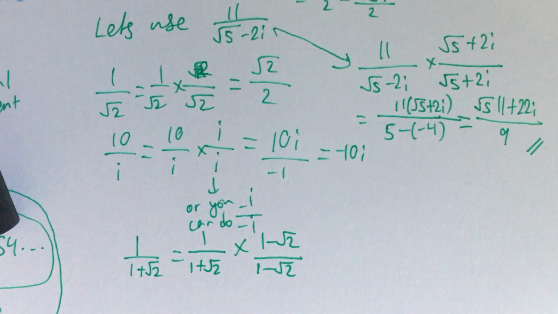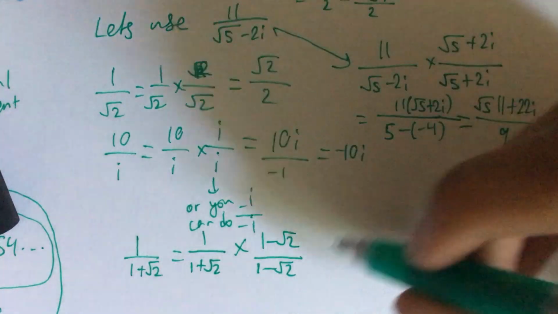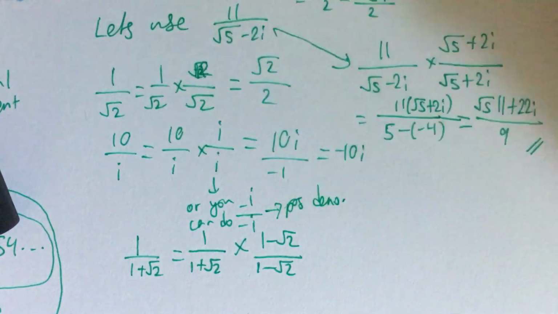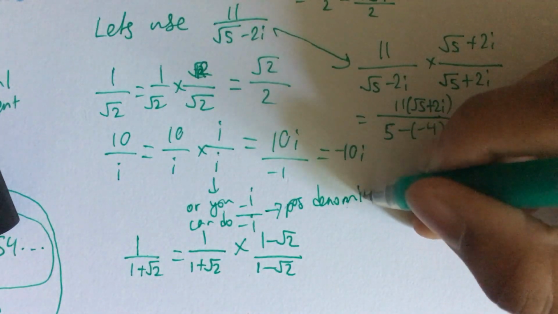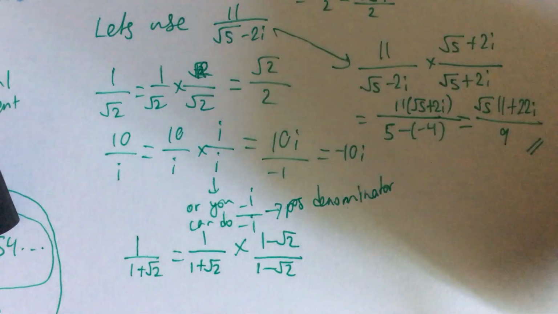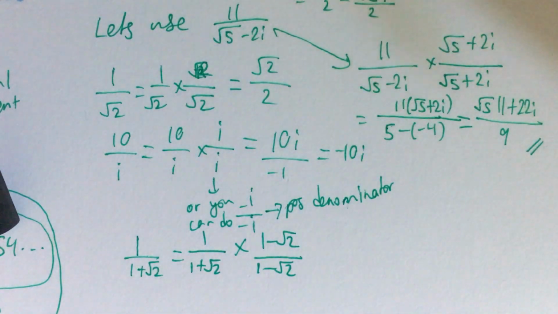I kind of just realized. Oh well. Anyways, you get a denominator which is entirely real, and on the top you can have your complex number without an issue. So that's how you deal with these roots if you need to.